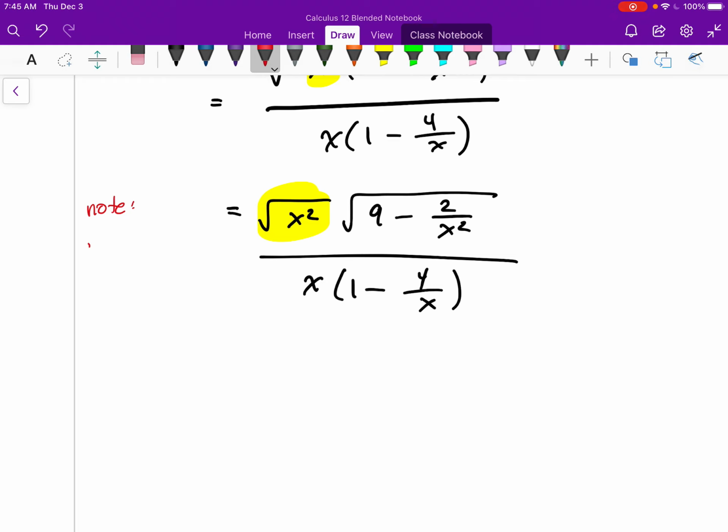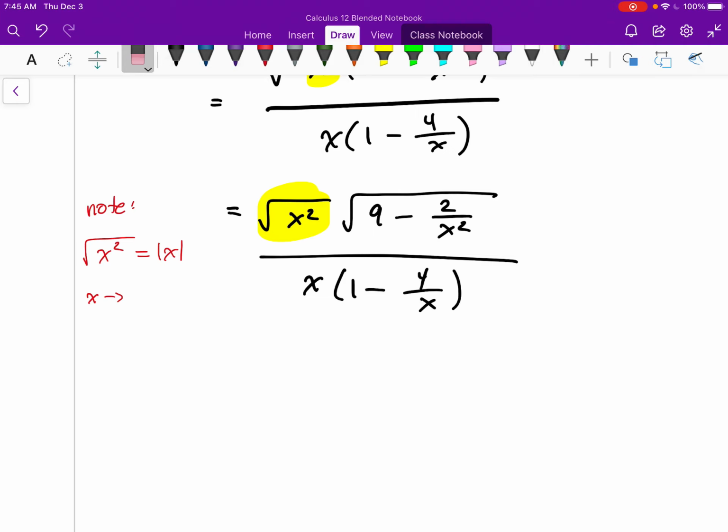Even before we consider the limit, when you have x squared and then square root it, this equals the absolute value of x, not x. And in this case, x is approaching positive infinity. Oh, sorry, negative infinity.